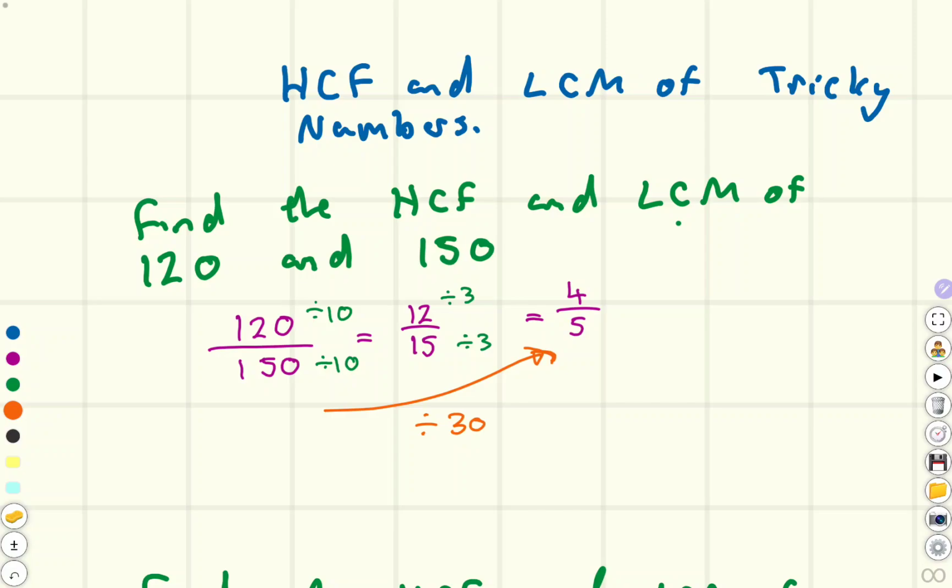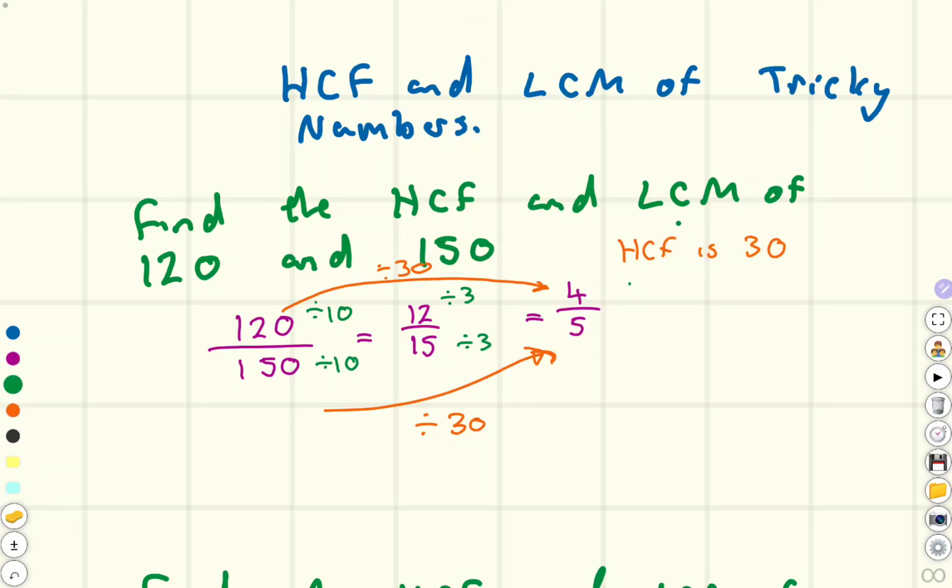Yes, it is divided by 30. If you don't believe me, 5 times 3 is 15, then put the 0 on. So I divide by 30. Or you could do the relationship in this direction, and that would be divided by 30 as well. It will always be the same. So therefore my HCF is 30.